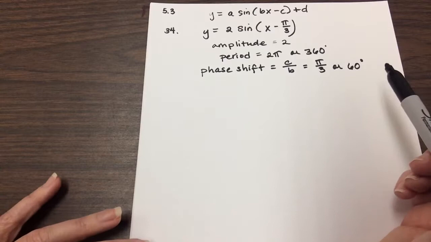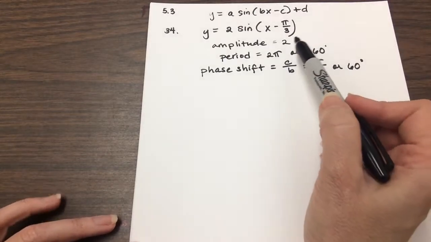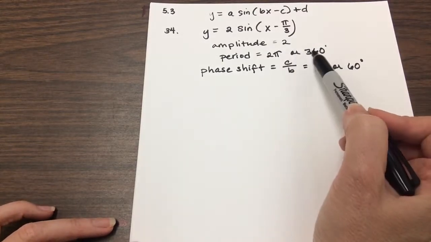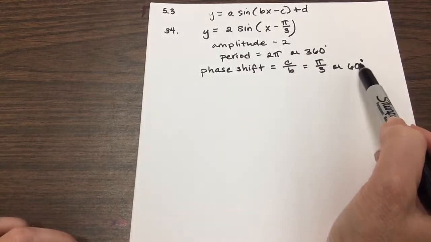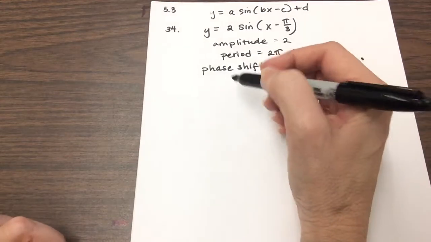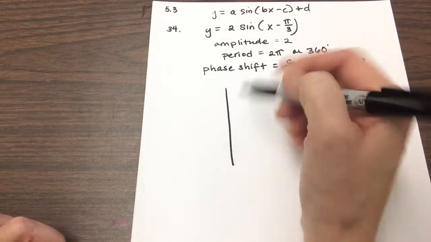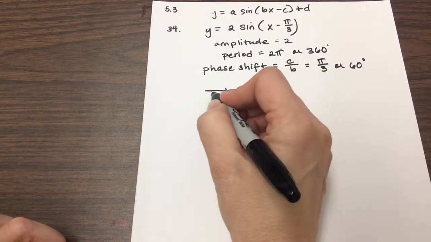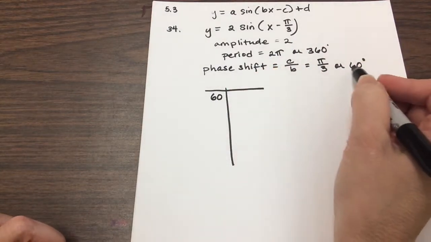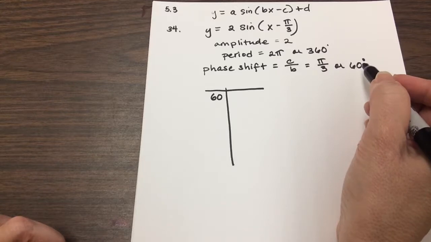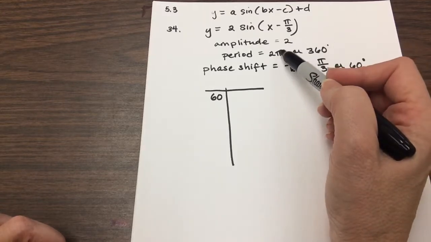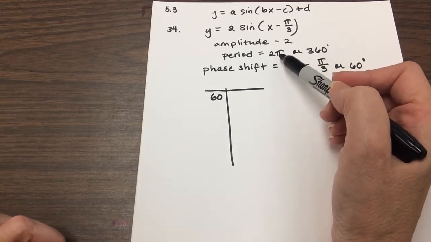Alright, so the easiest way to graph these, once you've got that going on, we're still going to go back to our 5 points, but instead of starting at 0 and going through the end of our period, now I'm going to start at my phase shift. So if I start at my phase shift, which is 60 degrees, because I'm shifting positive, so I'm shifting to the right 60 degrees. My period is still 2 pi, but where's that going to end?